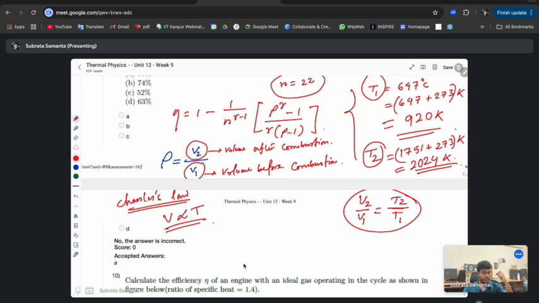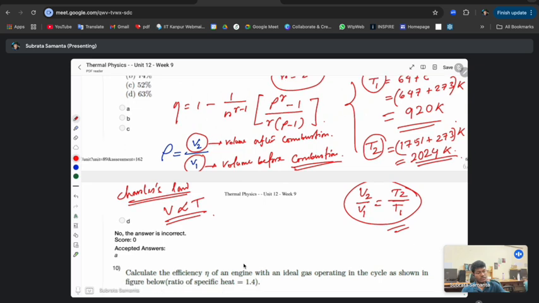Again, V2 is the volume after combustion, so T2 is the temperature after combustion, and V1 is the volume before combustion, with the temperature before combustion.